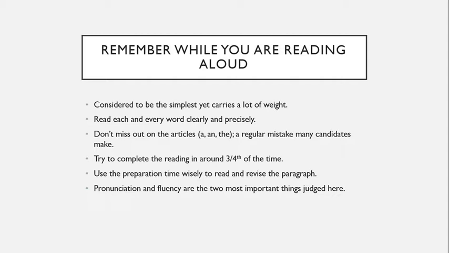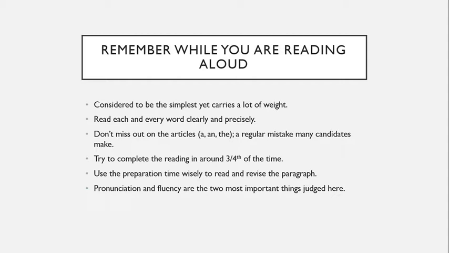The next hint is to try to complete your read aloud passage within three-fourths of the time that is given to you. So for example, if 40 seconds is your performance time, try to finish the passage within 25 to 30 seconds. I'm telling you this because in every read aloud question you have 3 to 4 sentences, and on average every human being takes around 25 to 30 seconds to say 3 to 4 sentences.